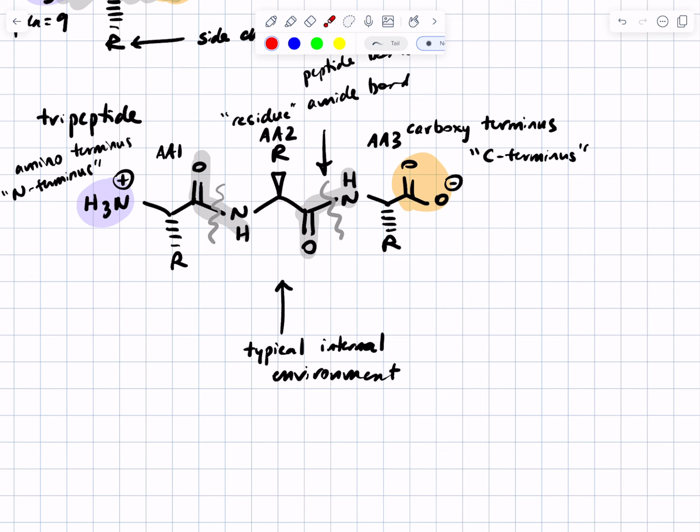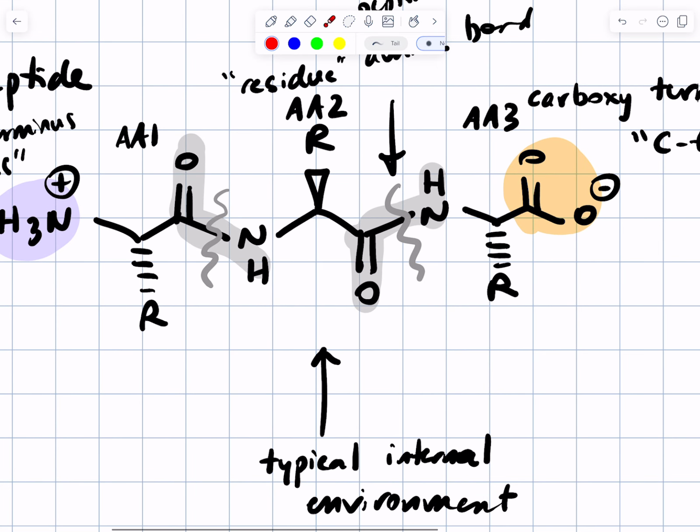All right, so looking at a tripeptide, there are three interesting bonds that we want to talk about. We want to talk first about the bond between a carbonyl carbon and the adjacent nitrogen. Then we want to talk about the bond between the nitrogen and the adjacent alpha carbon.